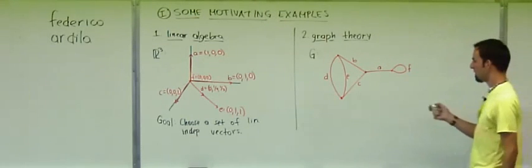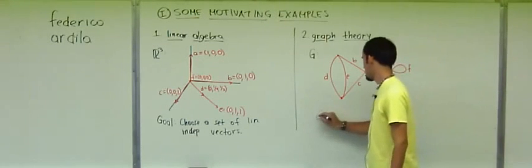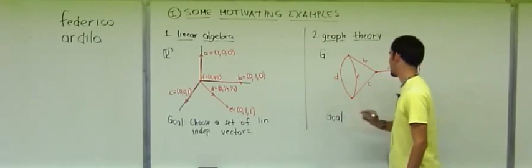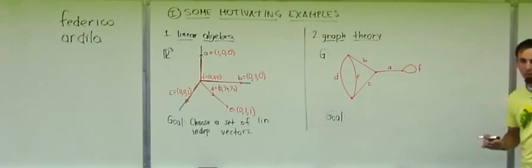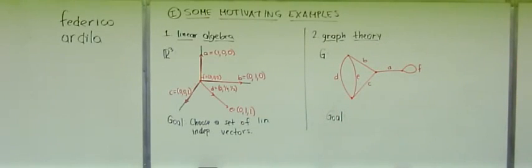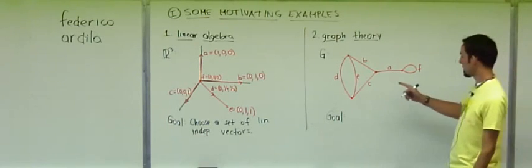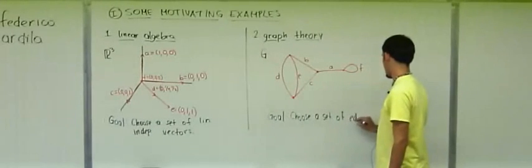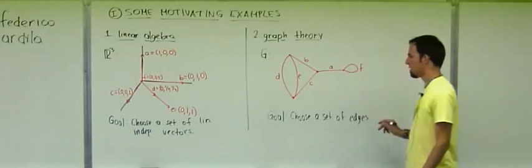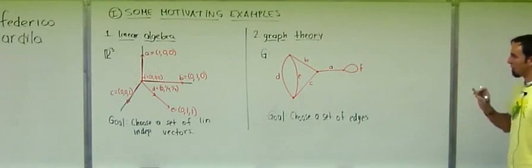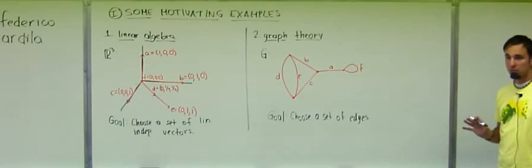So there's my graph. And again, I'm going to give you a task. And in this case, what I want you to think about is how you can choose a set of edges of the graph but I'm not going to allow you to form cycles.